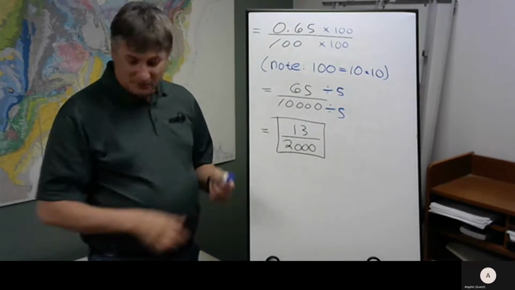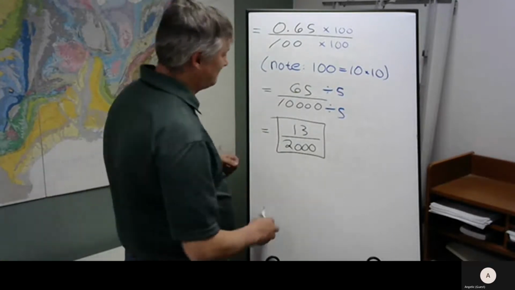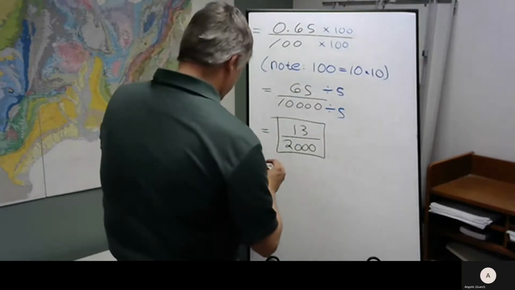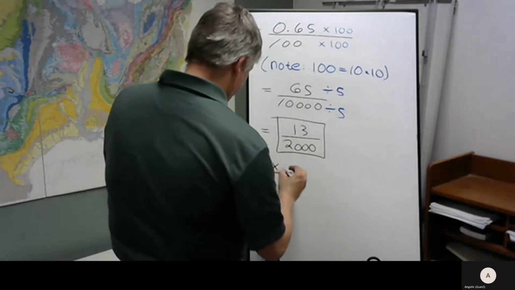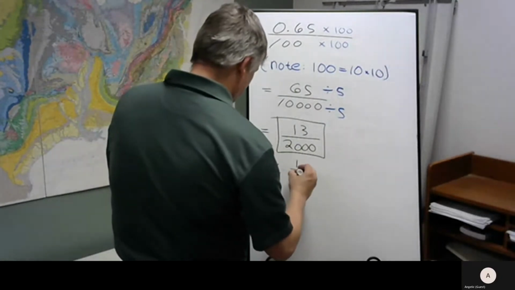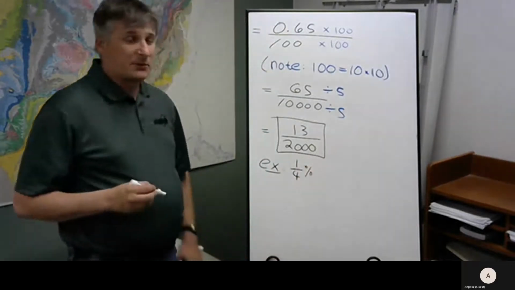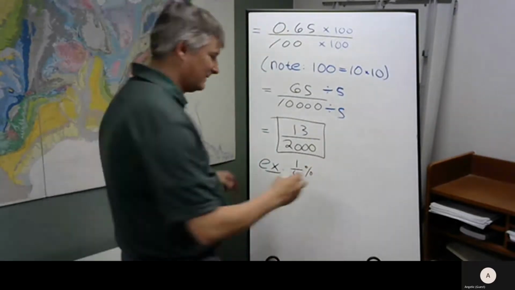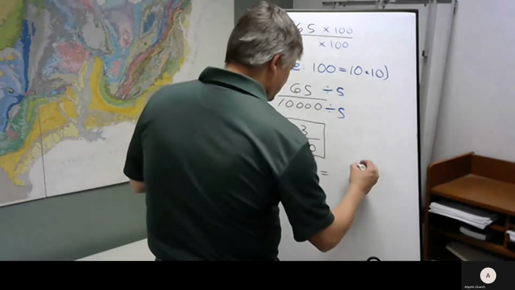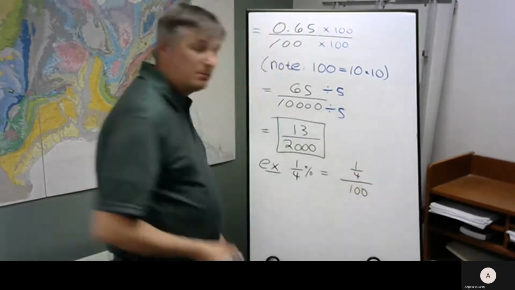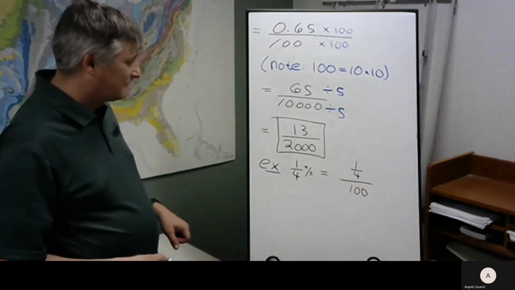All right. So here's another one. And this one, let's say you have this, 1/4%. Well, again, we'll take 1/4 and we place it over 100.